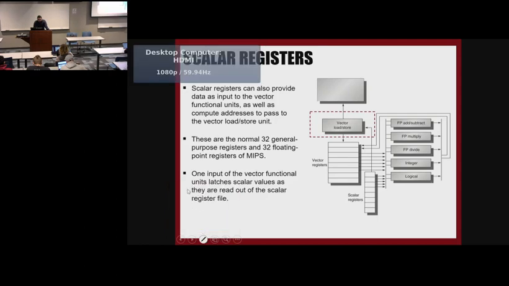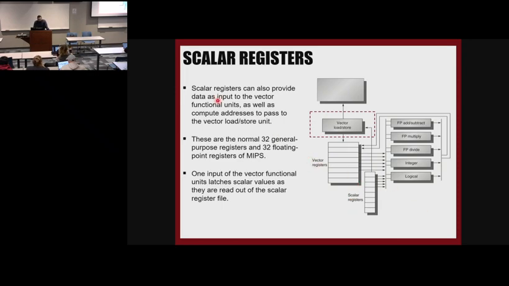It's on my day. Alright, so we continue. Yep. Scalar registers. Sorry. Yeah, scalar registers. So this box is supposed to be here.